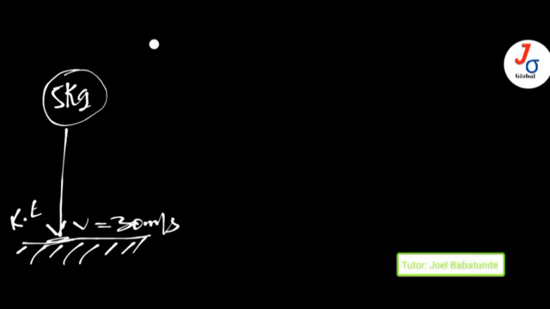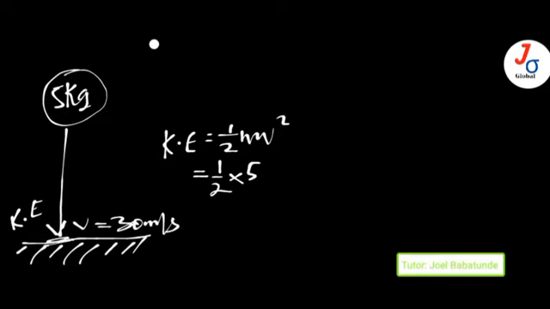Like you might still remember, the formula for kinetic energy is KE equals half mv squared, or mv squared over 2. So we have half, our mass is 5 kg, multiplied by our speed, 30 squared, which is 900.